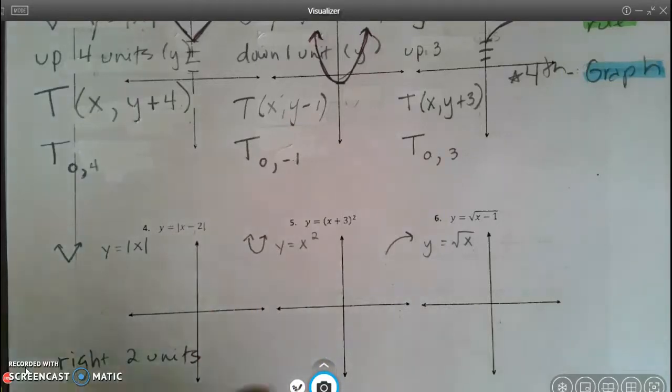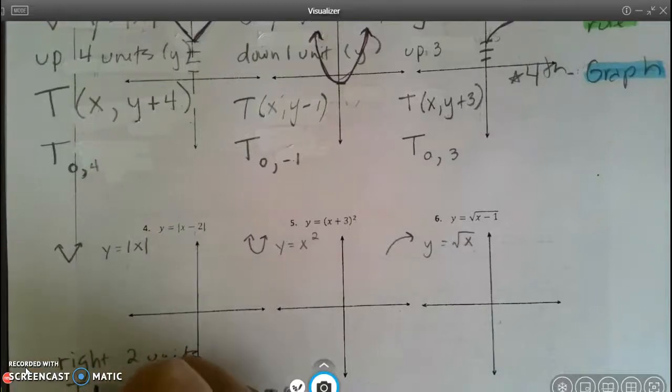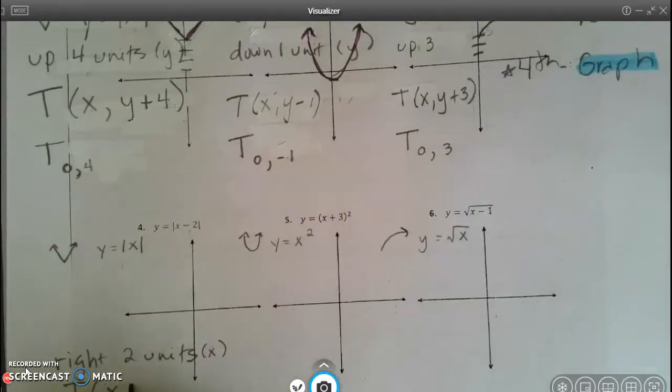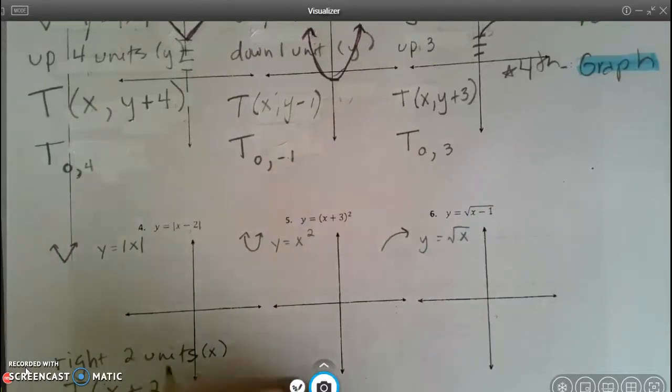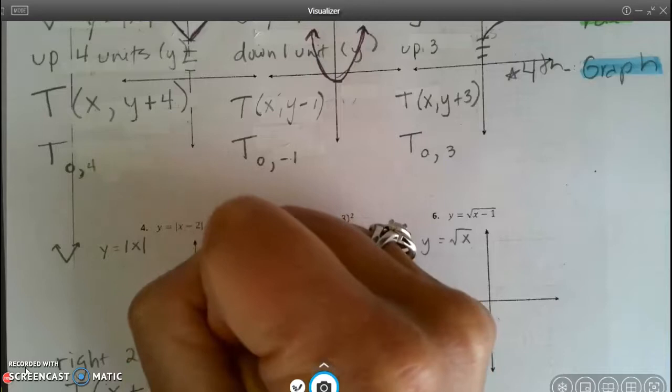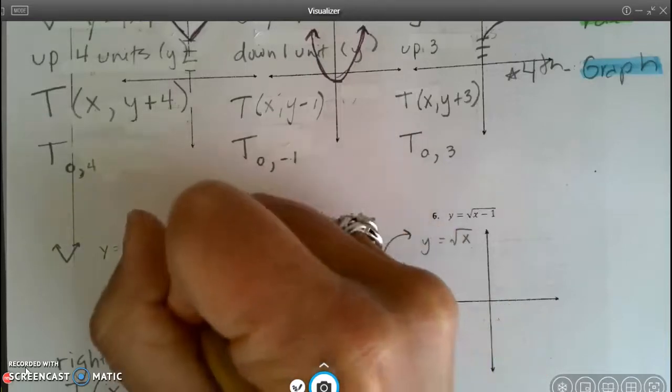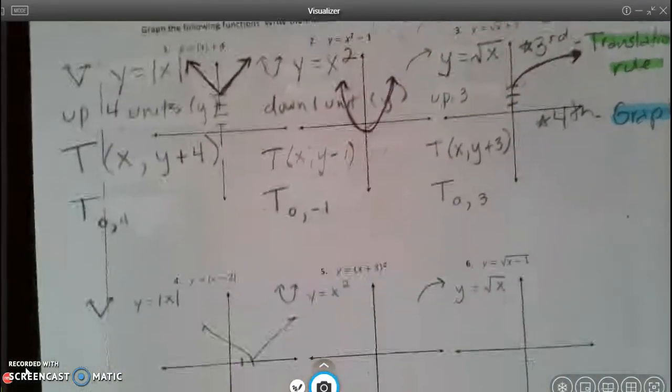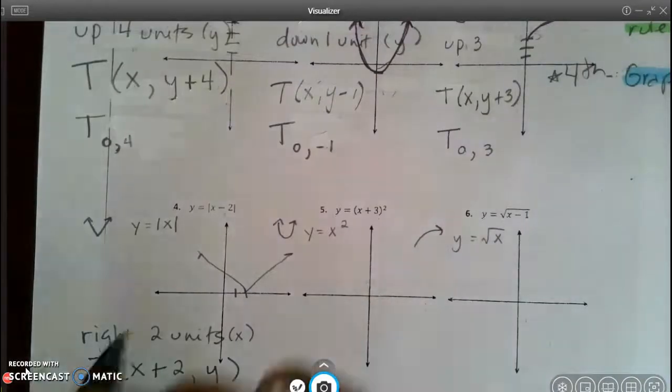So let's write my translation rule. The x, and by the way, this is affecting x because it's to the right. So x plus 2 is going to the right, and nothing happened to the y. So I'm going to move 2 to the right, and I'll sketch my V. Let's use my other color. Sorry about that.